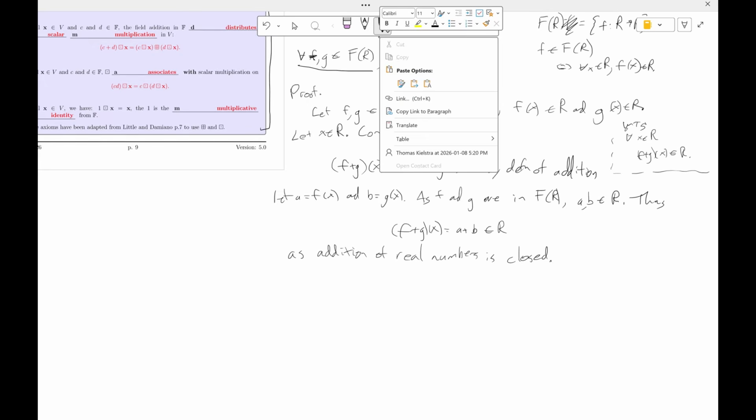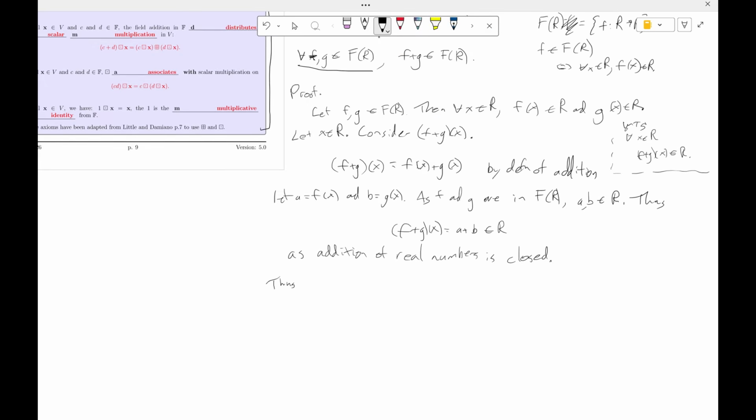Thus, f plus g is a real valued function. Why is it a real valued function? I've just shown that for all inputs into the function f plus g, the output is a real number.